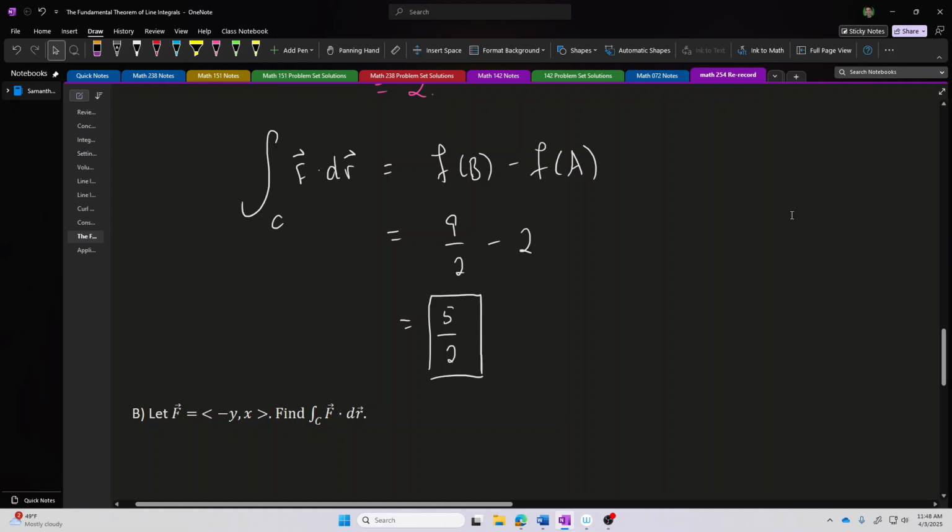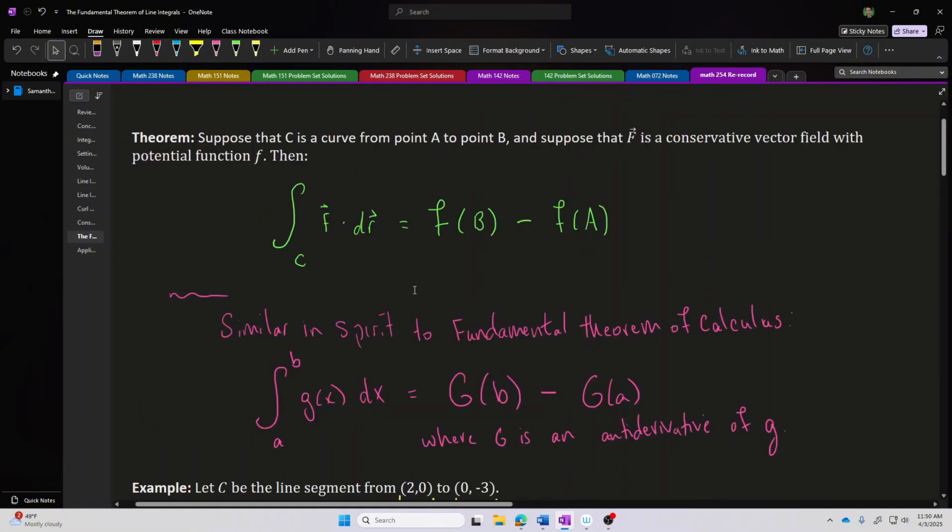But the fundamental theorem simply affords us a different technique for calculating line integrals when we are dealing with specifically conservative vector fields, which have a potential function. I do want to emphasize that this theorem can only be used when working with conservative vector fields, because these are the only vector fields that have this potential function, lowercase f, in the first place.